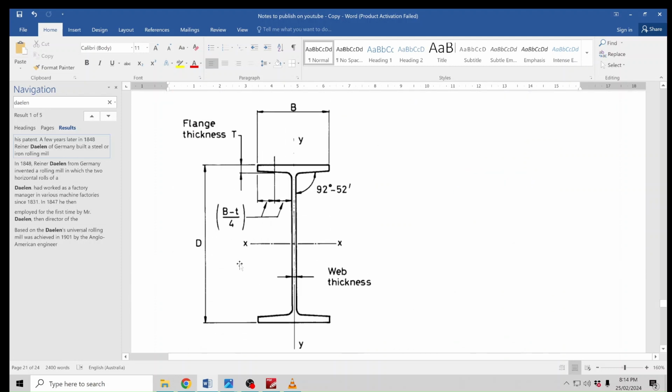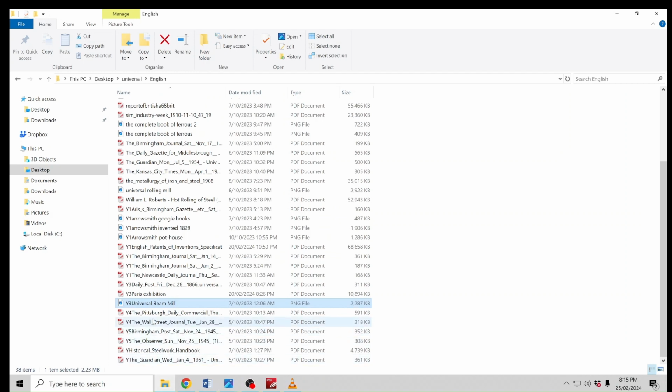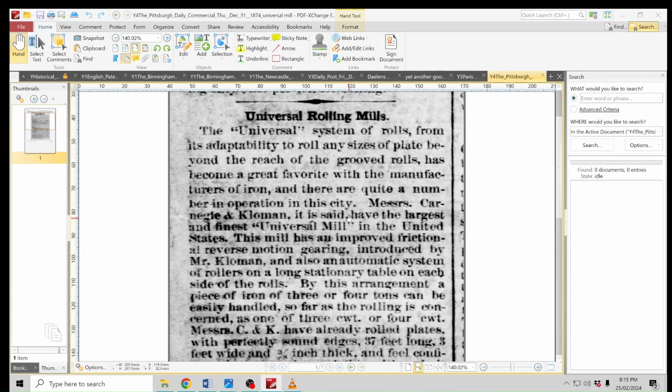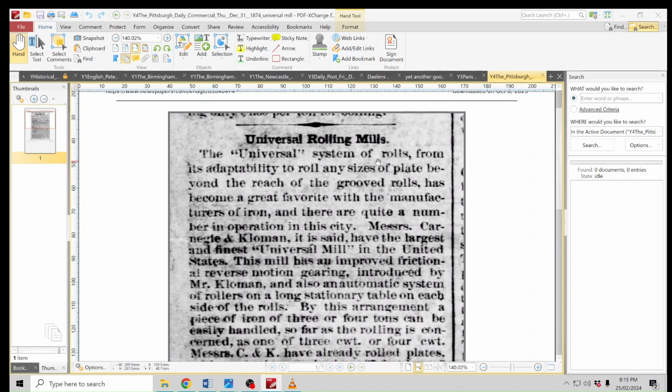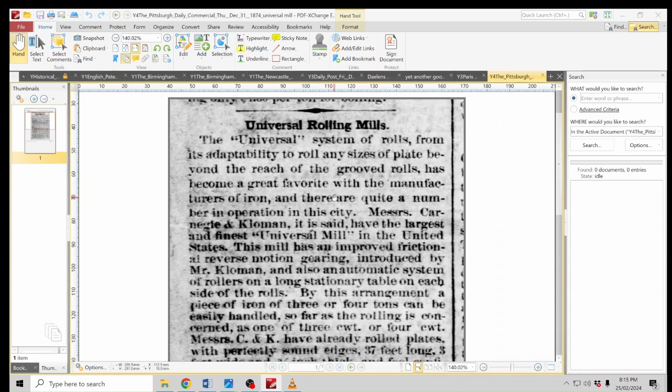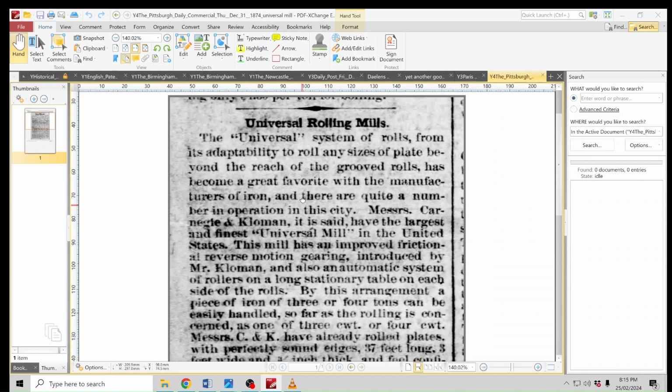There's a universal beam there. So I do have a few things we can look at. Actually, this is an old article from Pittsburgh in 1874. The universal system of rolls, from its adaptability to roll any size of plate beyond the reach of the grooved rolls, has become a great favourite with the manufacturers of iron.